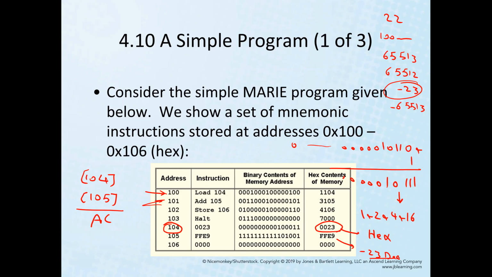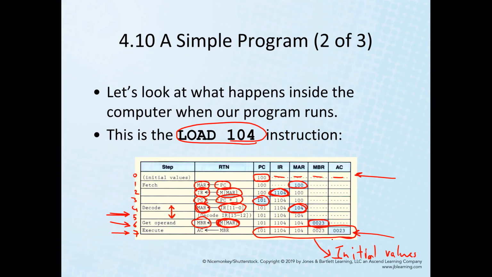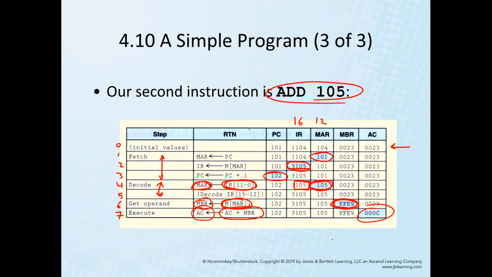But I noticed that this 23 at address 104 is not decimal, it is hexadecimal, but it wasn't mentioned in the slide. That's the reason I said it should be 0. Because that one is hexadecimal, the total of those two numbers will be equal to 000C, not 0. Okay, any question?